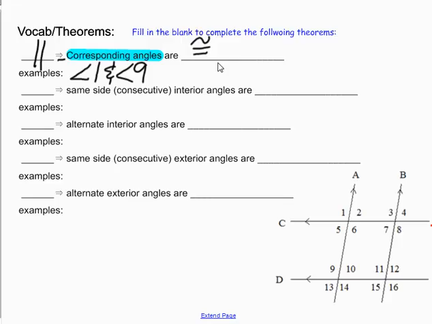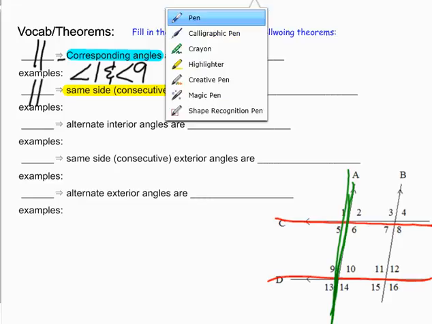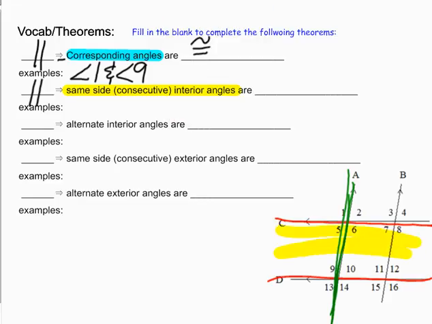We're talking about if lines are parallel, then same side interior angles are what? So again, we've got these two parallel lines, same side interior. Well, here's our transversal. We are looking for angles that are interior between the parallel lines and on the same side of that transversal.